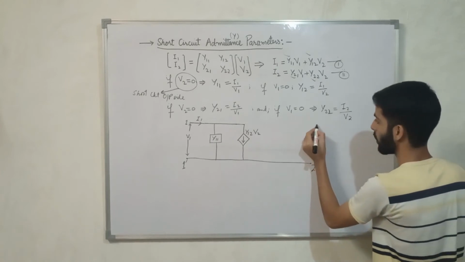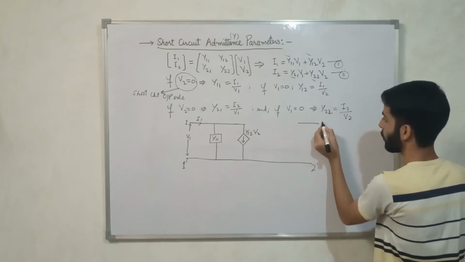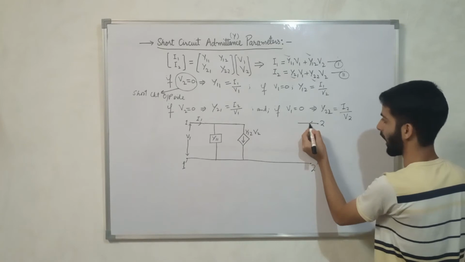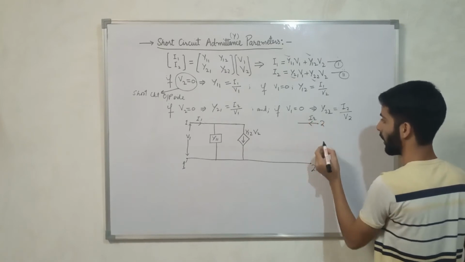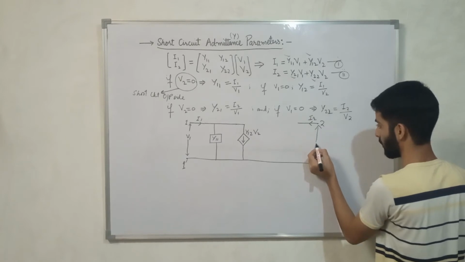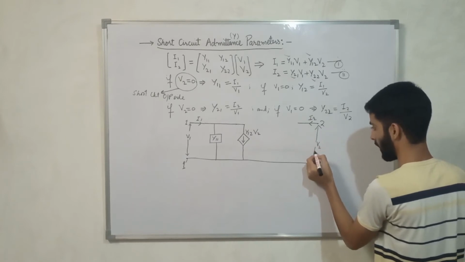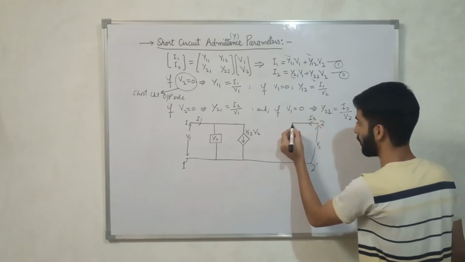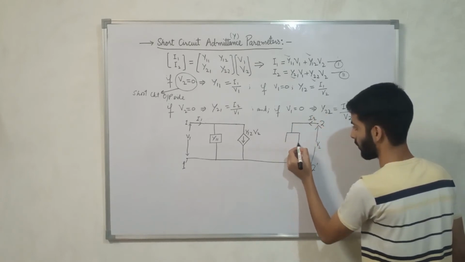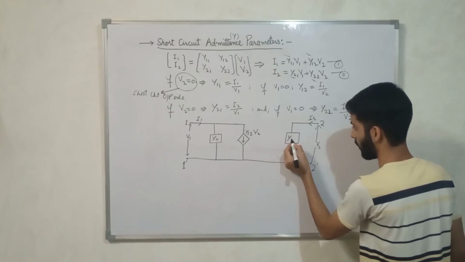Here we have this and 2, and current I2 will flow from here, and the voltage V2 is there. And this voltage V2 will appear across Y22. So the Y22 will be like this one.